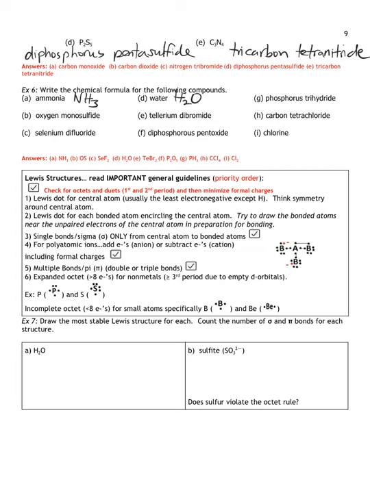Now, you'll find writing formulas for covalent compounds to be very easy. So monosulfide, OS. Selenium, Se, difluoride, so it's 2 fluorines, because it basically tells you how many of each atom. You don't have to neutralize these compounds. Tellurium, dibromide.